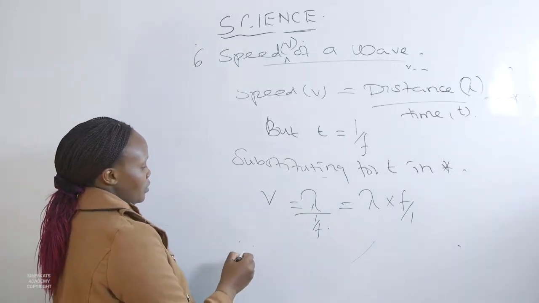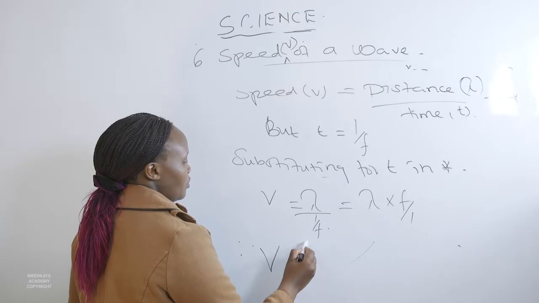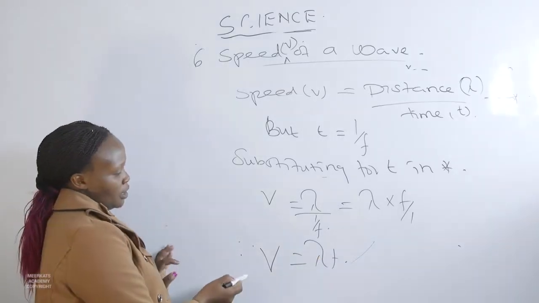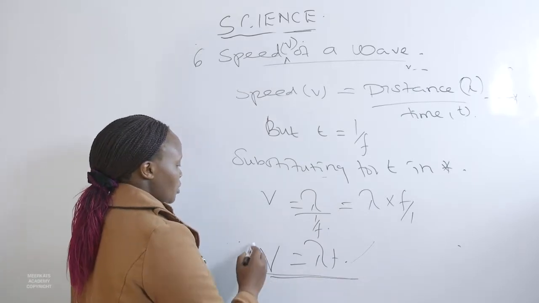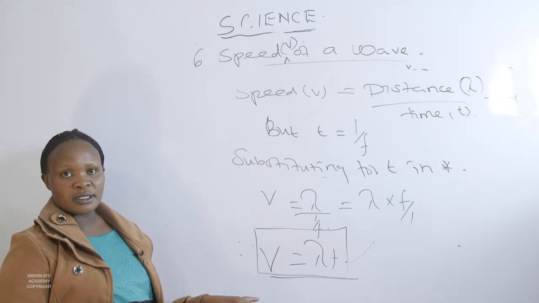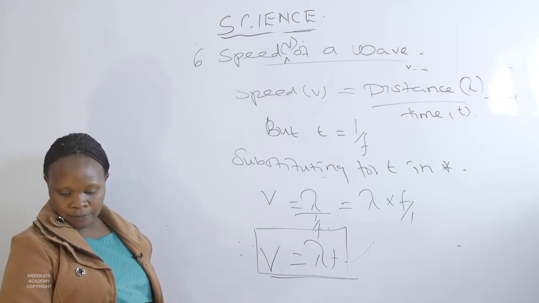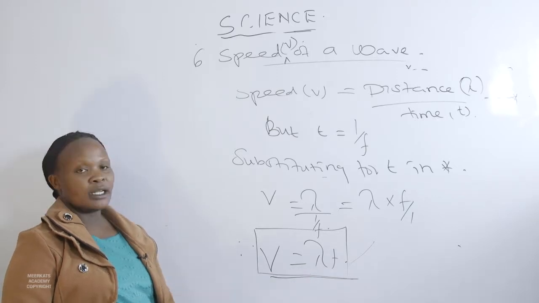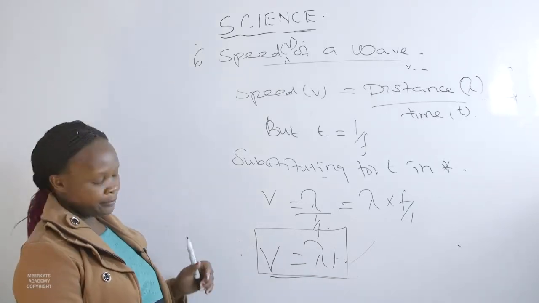Therefore, V is given by frequency times wavelength. So basically, this is the relationship that exists between the three: speed is given by lambda F.